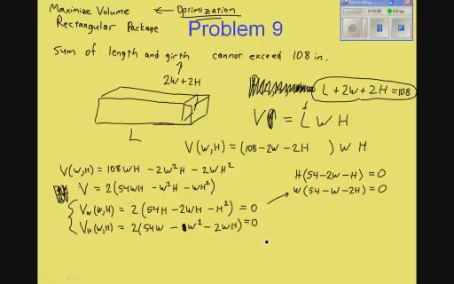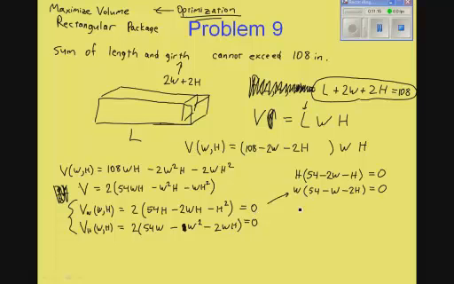Right? Now, it's interesting. One solution you're going to get is by letting the height be 0, or by letting the width be 0, which means the volume ends up being 0. That's your minimum. You can make the volume as small as you want.